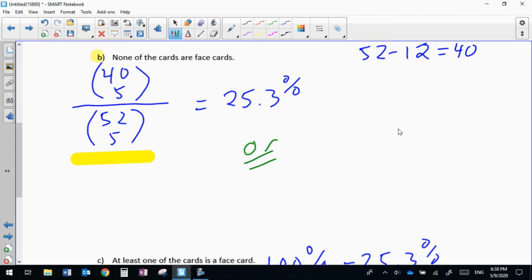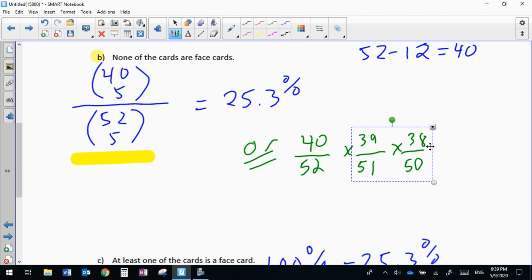And if we want no face cards, the probability that the first card we look at is not a face card is 40 out of 52. Times that by the probability the second card is not a face card. Well, that probability now changes a bit because there's only 51 cards left and only 39 of them are non-face cards. And we keep going.